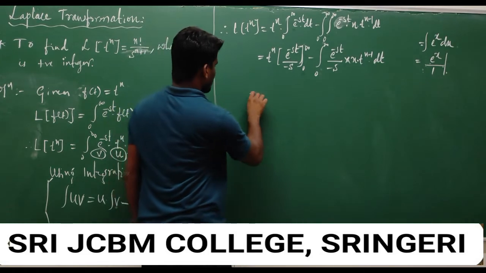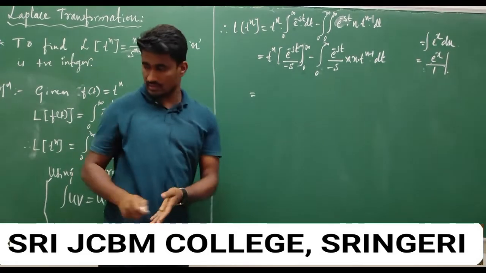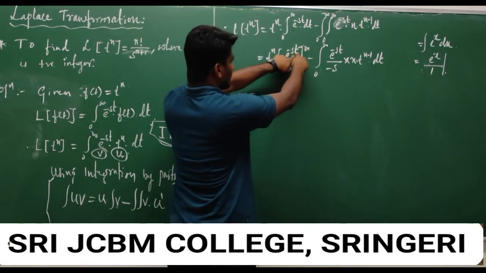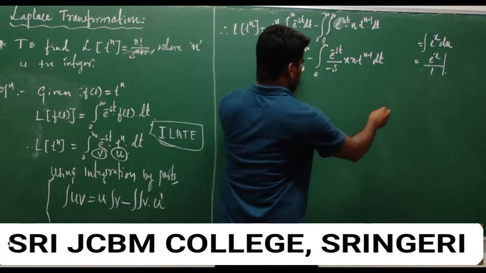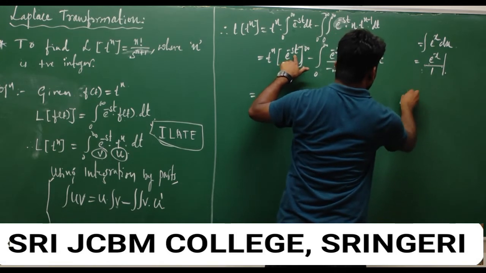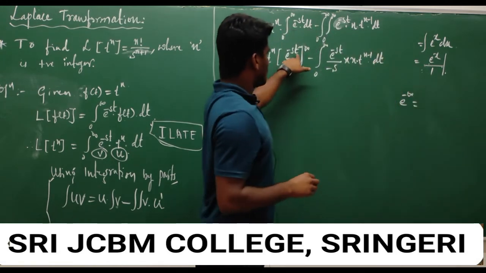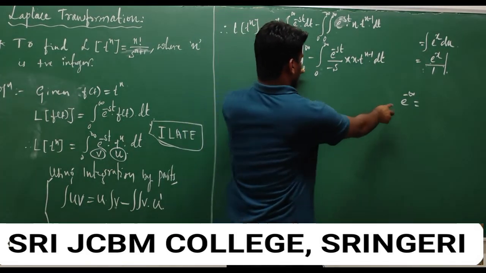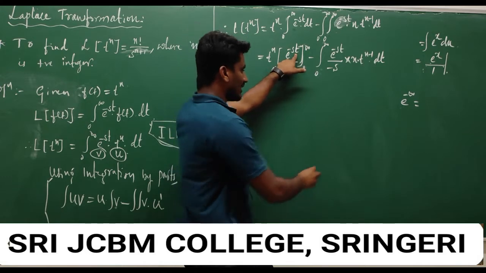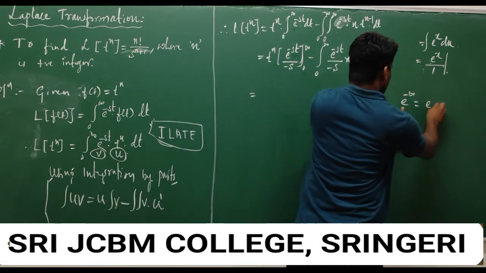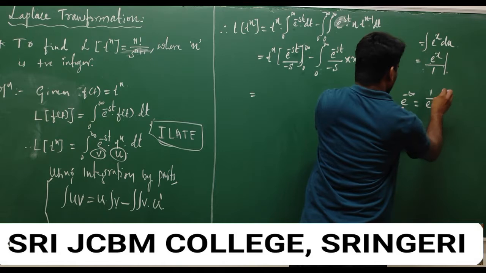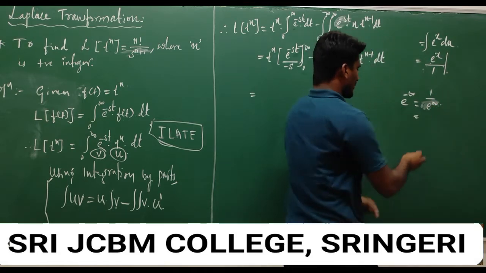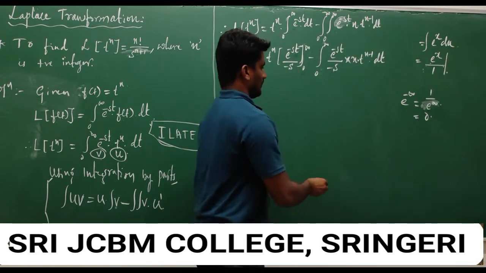Just observe here, substitute t as infinity, so it is e to the power minus infinity, and exponential of minus infinity can be written as 1 over e to the power infinity, and 1 over e to the power infinity is nothing but 0.